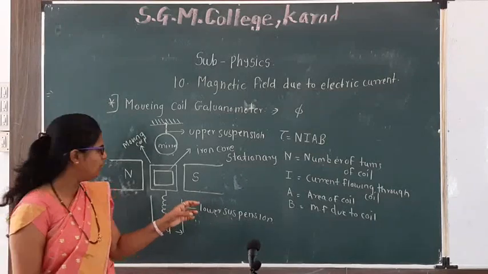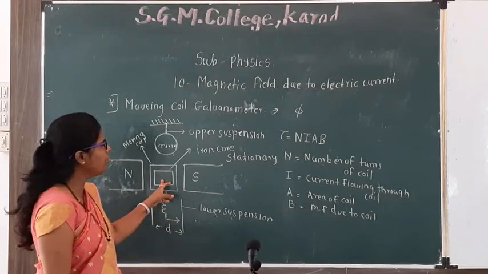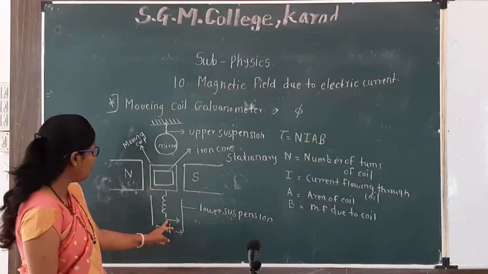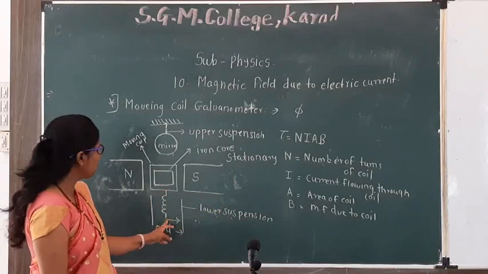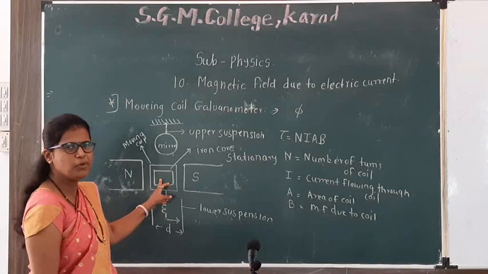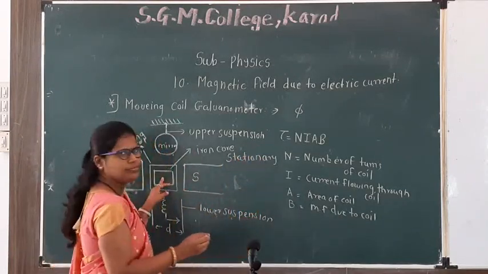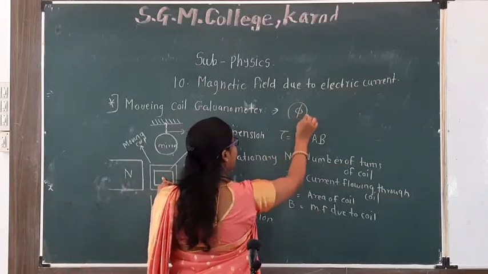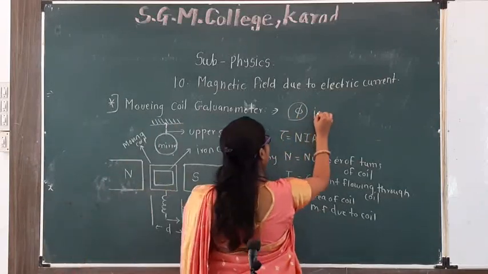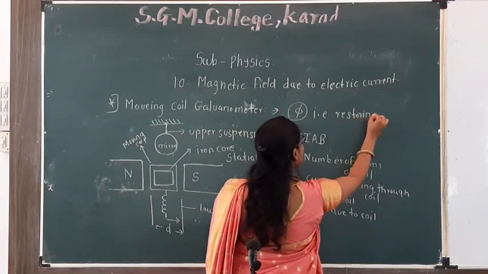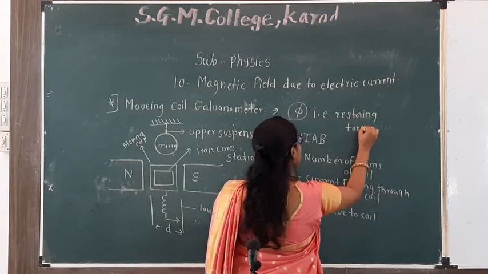When constant current flows through this coil, we get the steady deflection phi. Now the larger the current flowing through the coil, the larger the deflection in the coil. That is the restoring torque.